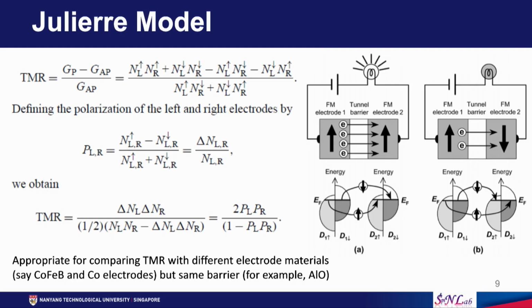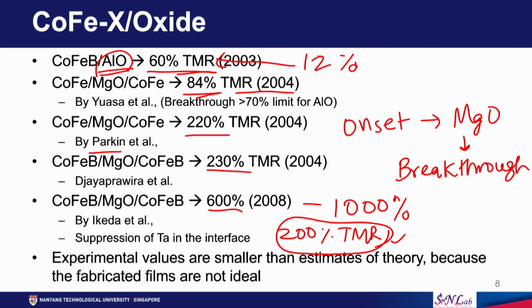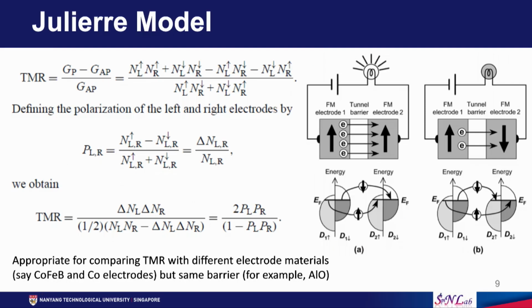Okay, so I told you that there are two regions of TMR. In one region people used aluminum oxide, in another region people used magnesium oxide.